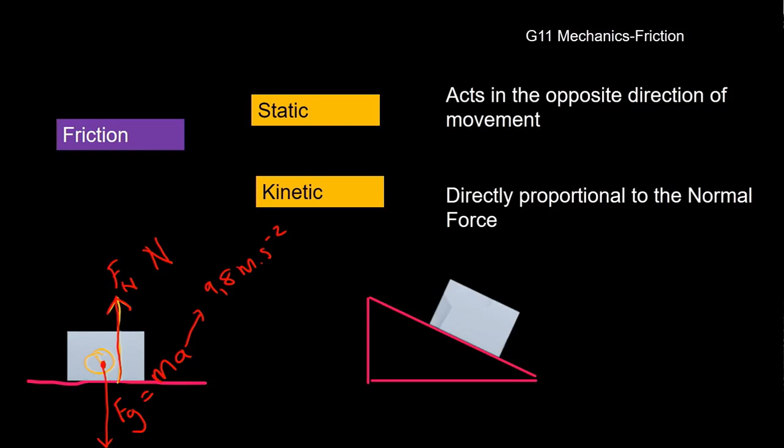So if we think about this, if we've got a light object, in other words, the mass is not big, then the force of gravity on it is going to be smaller than an object that is much heavier. It's got more mass. The normal force is going to be in the opposite direction, but it's going to have the same magnitude.